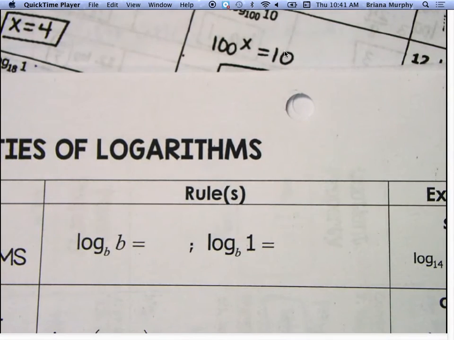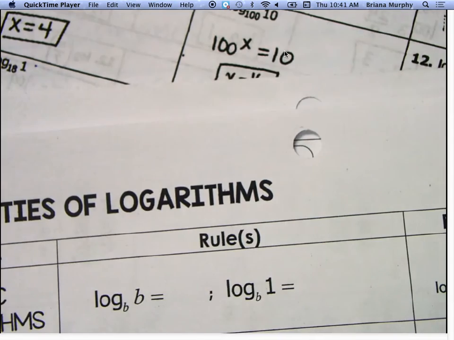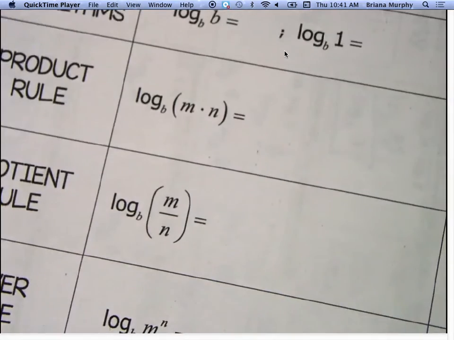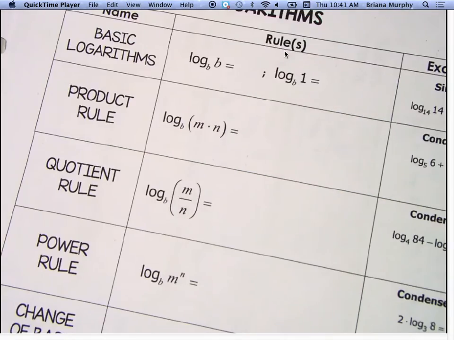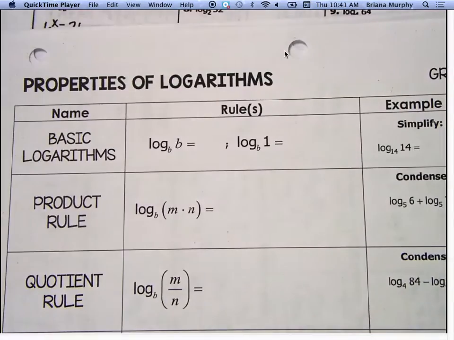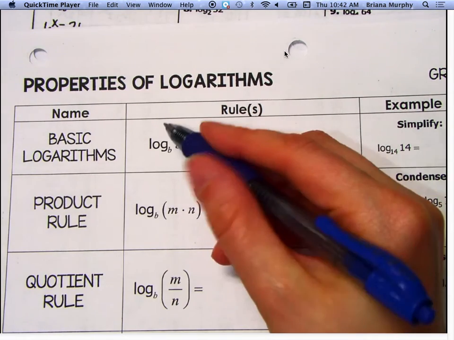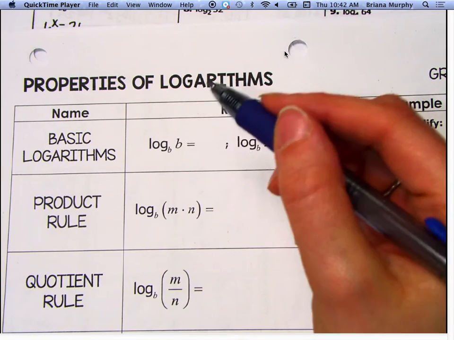So I'm going to make a suggestion that even if you don't do examples, we quickly write the rules in. This graphic organizer, I really do think, is going to make a difference. All right, basic logarithms.